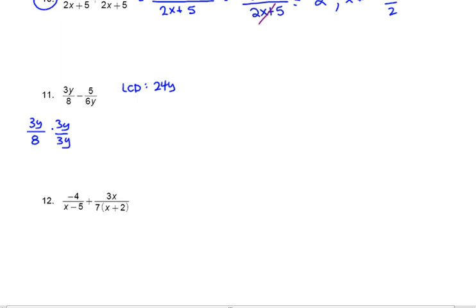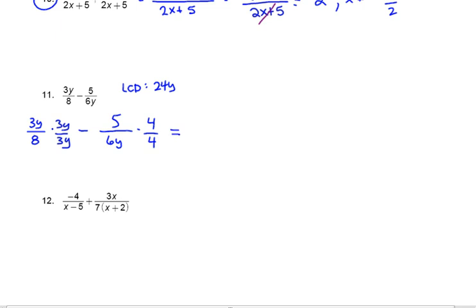Okay, minus, to make this 6 into a 24y, what would we have to multiply top and bottom by? 6 times 4 is 24. Okay, so now do we have a common denominator?